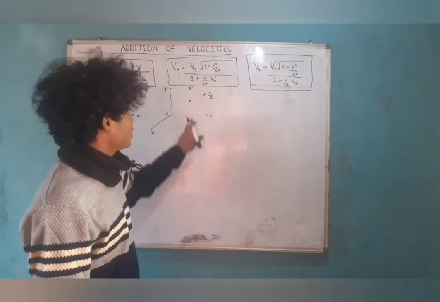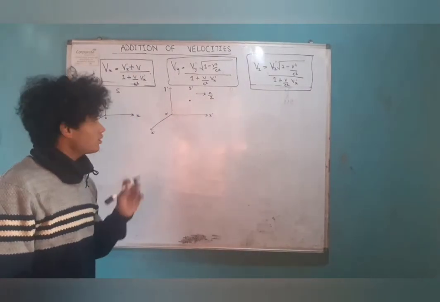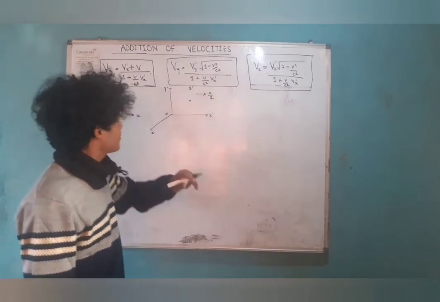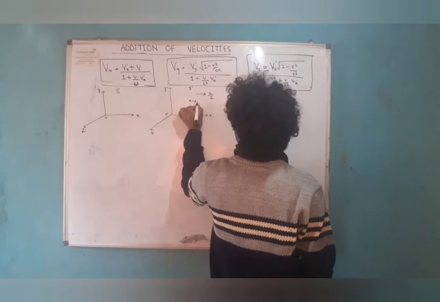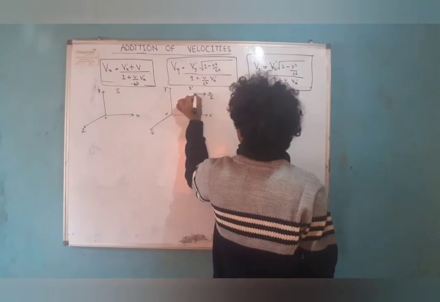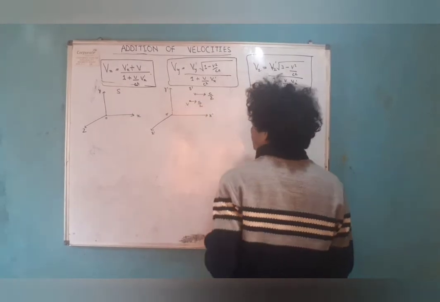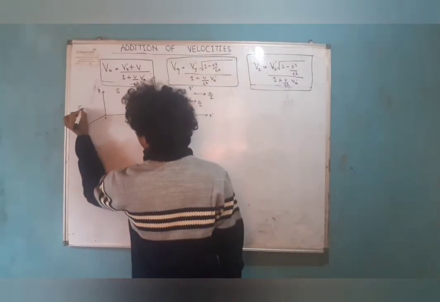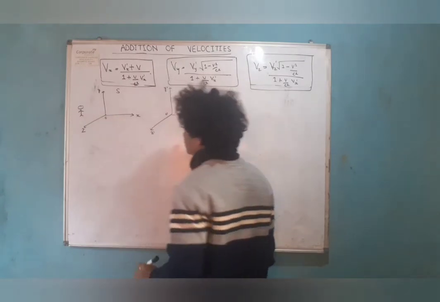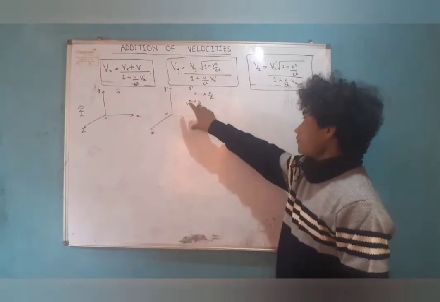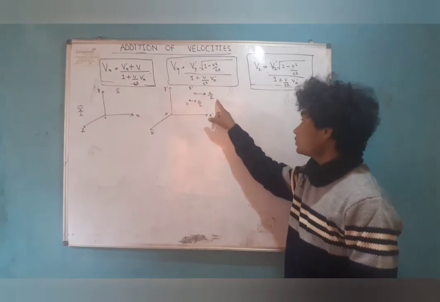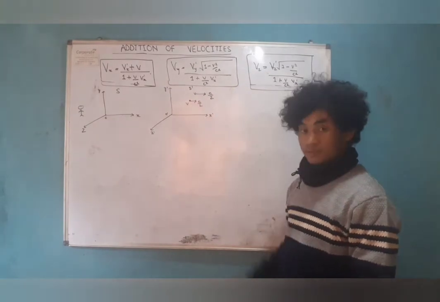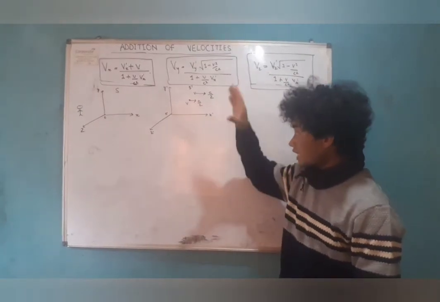Let this particle also move with velocity c by 2 relative to the S prime frame. Let us also include one observer in this frame. So now the S prime frame is moving with velocity c by 2 relative to the S frame, and the particle in the S prime frame is moving with velocity c by 2 relative to the S prime frame.